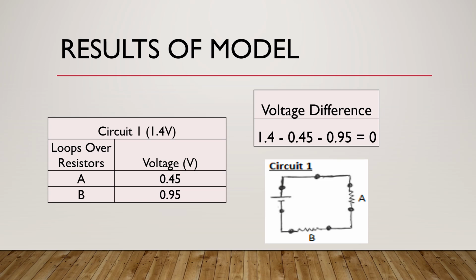The 0.45 is the voltage across resistor A, and 0.95 is the voltage across resistor B. And in the upper right-hand corner, you see the 1.4, that's volts coming from the battery, minus the 0.45 volts of resistor A and 0.95 volts from resistor B. Those subtract, and all of that ends up giving you 0, which is what the loop rule says it should be.